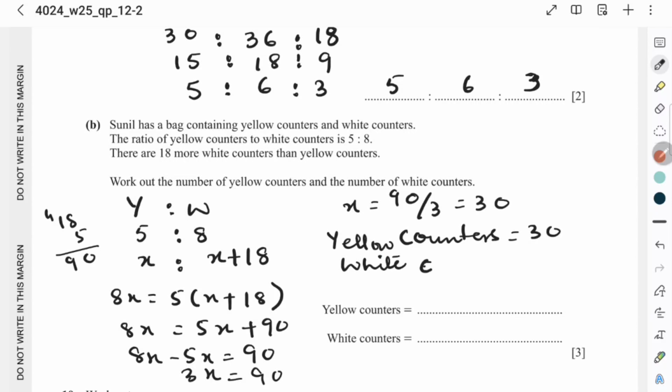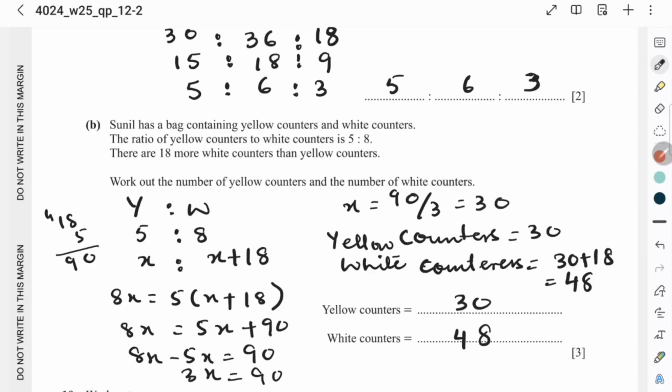So x plus 18 means 30 plus 18, that is equal to 48. So 30 is yellow counters and 48 is white counters.